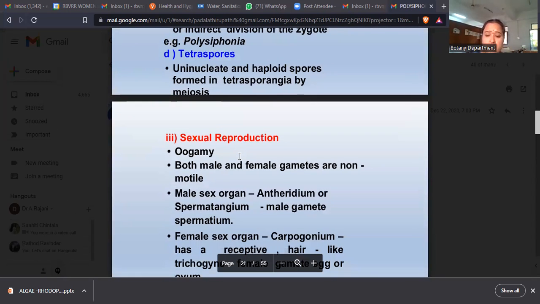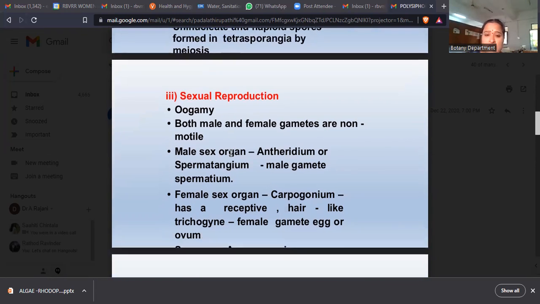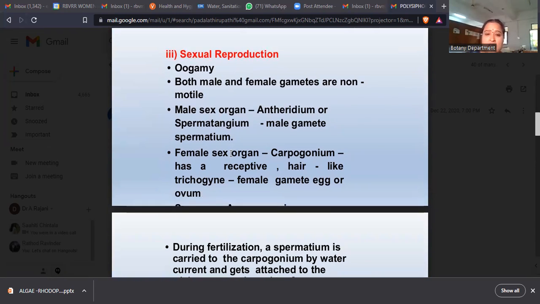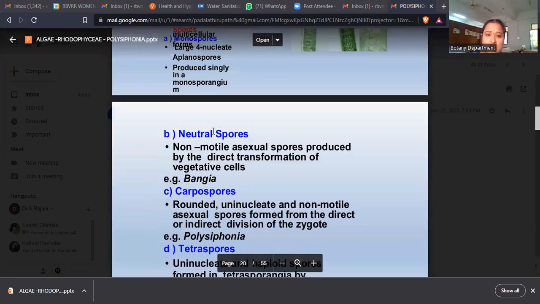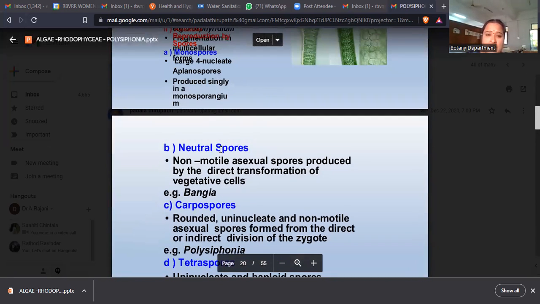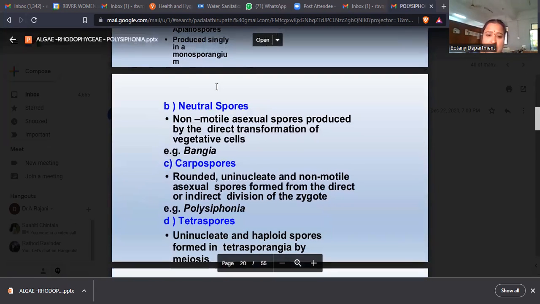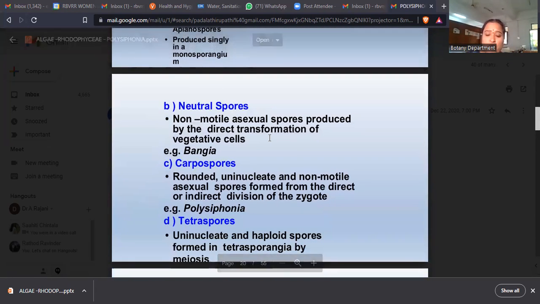But the most important reproductive organs: in Polysiphonia, three distinct phases are there. One is the gametophytic phase, the second is the carposporophytic phase, and the third is the tetrasporophytic phase. These are the stages of the dioecious type, and these three stages are the most important for the reproductive organs.